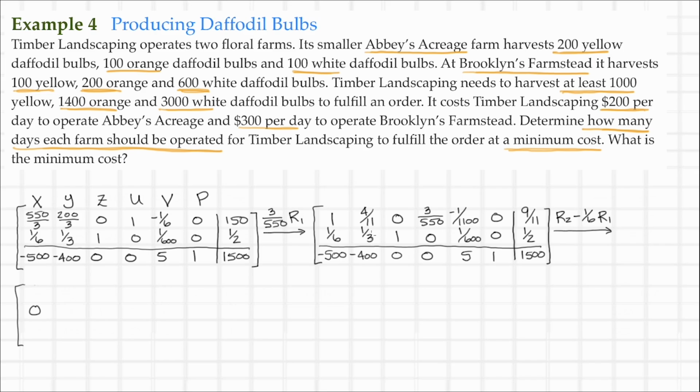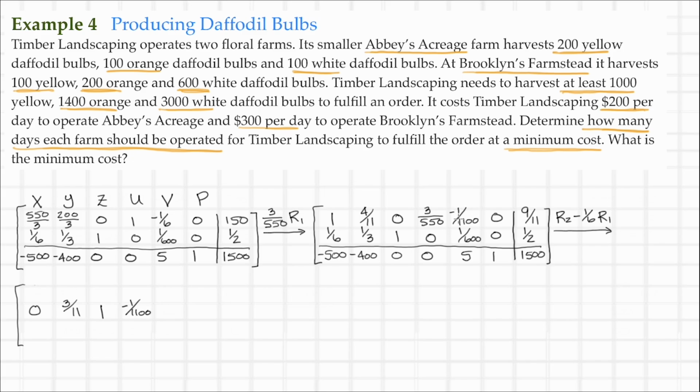And 1/3 minus 2/33 is 3/11. 0 and 0, we bring over the 1. 3 over 550 times 1/6, that's negative 1 over 1100.